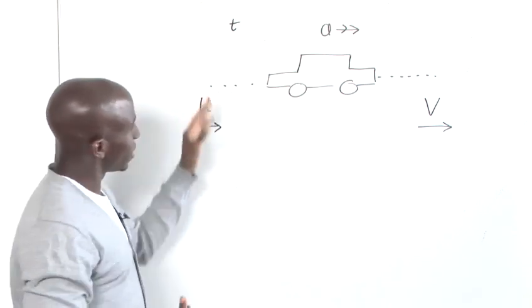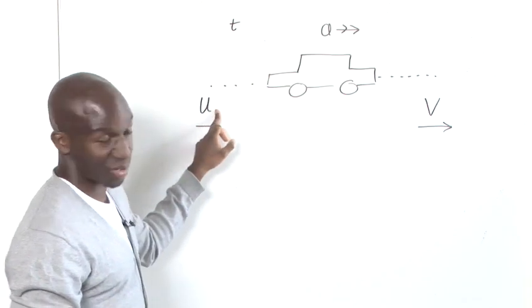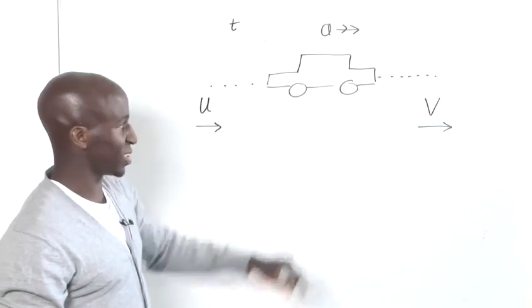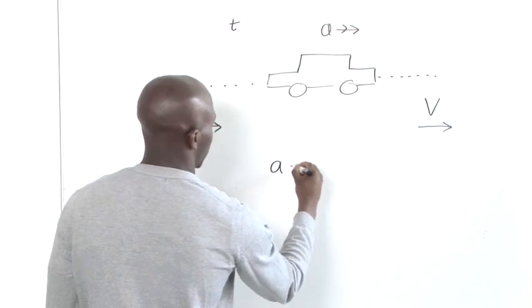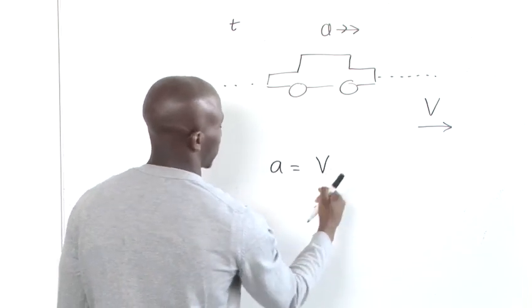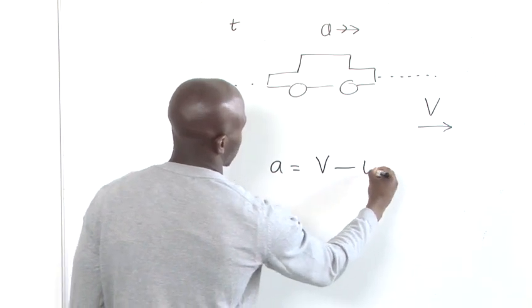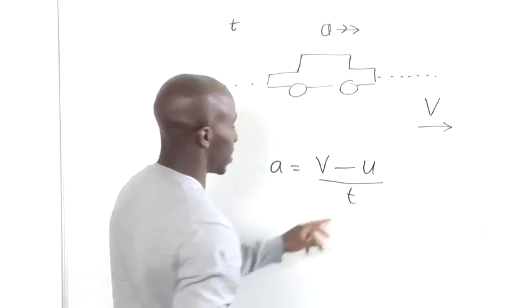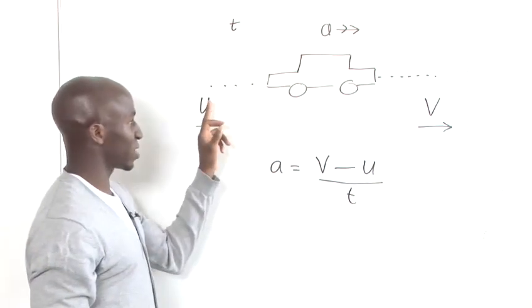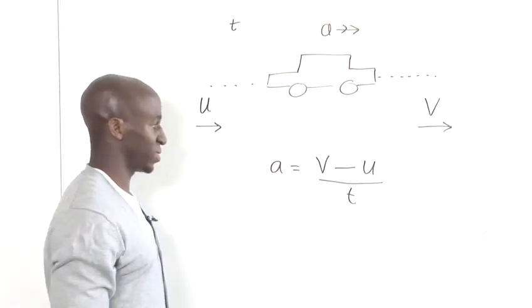Now, an equation that links time, acceleration, initial velocity, and final velocity is this one. A equals V, which is the final velocity, subtracting the initial velocity, divided by T, which is the time period it takes for this car to move from its initial velocity to its final velocity.